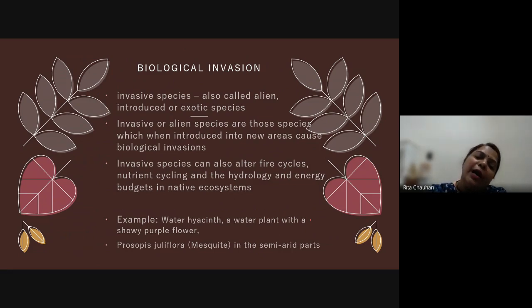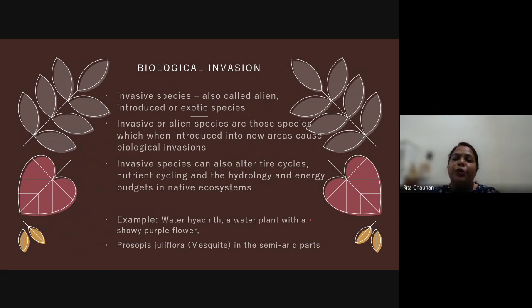And those few plants which came to India by export have changed the native species entirely, because when we grow water hyacinth in a particular area, it will cover the entire water area in a very short period of time.